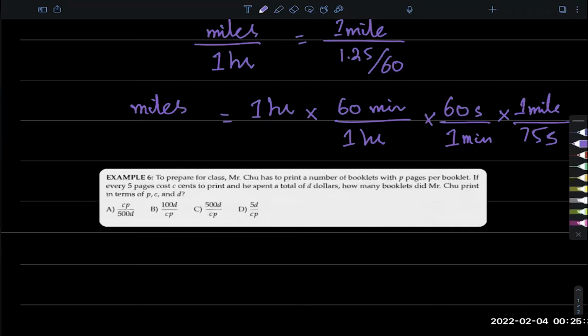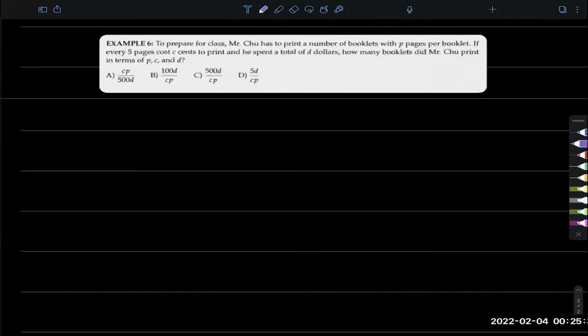Let's do it. To prepare for class, Mr. Chu has printed a number of booklets with P pages per booklet. Okay, so P pages per booklet.